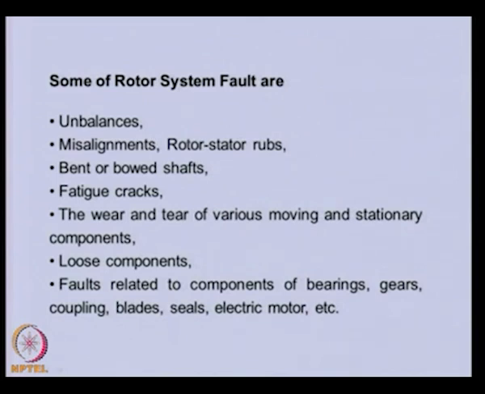Apart from that, we can have rotor-stator rubs, bent or bowed shafts, fatigue cracks in the shaft, wear and tear of various moving and stationary components of the rotor and stator, loose components, and faults related to components of bearings, gears, couplings, blades, seals, electrical motor, etc.